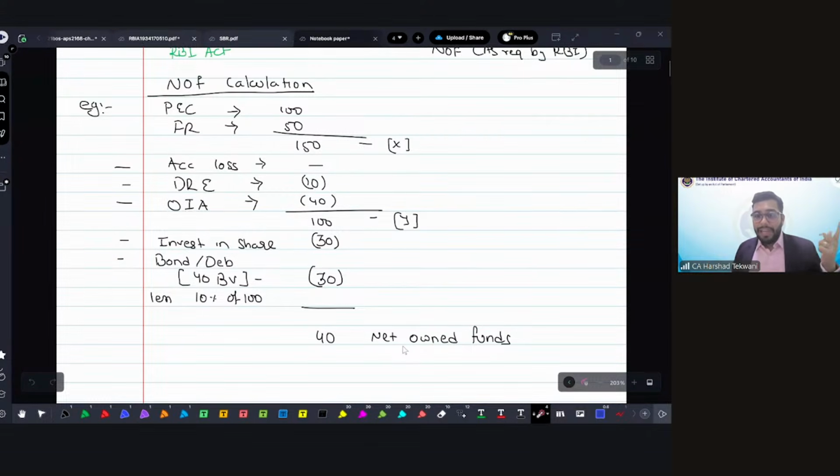But if the company is not in the same group, not a subsidiary, not an NBFC, it is not required to be counted. Okay, which means only the outsiders. Yeah, kind of.